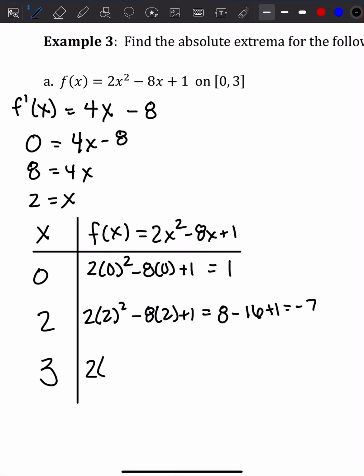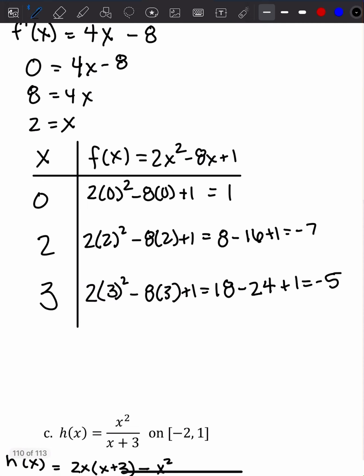And then we're going to plug in 3. Three squared is 9. 9 times 2 is 18, minus 24, plus 1. 18 minus 24 is negative 6, plus 1 would give us negative 5.